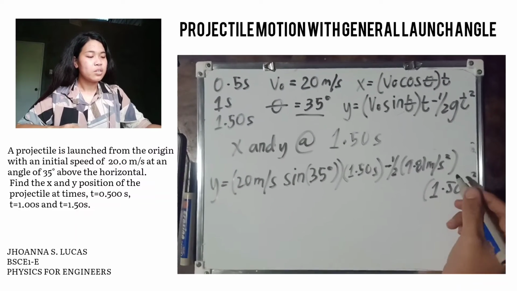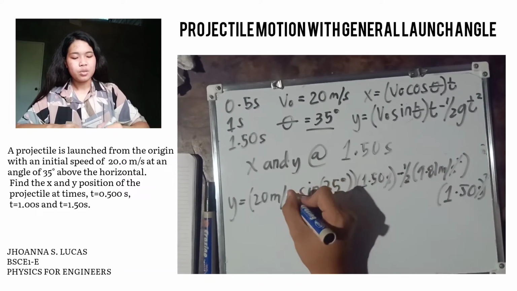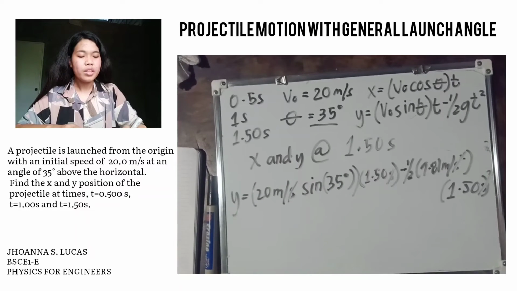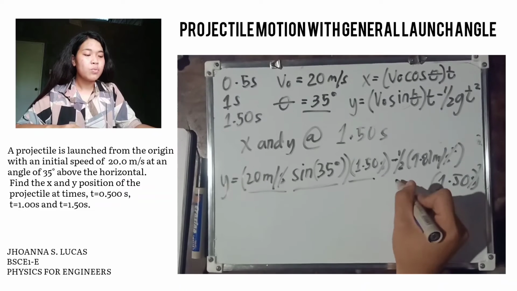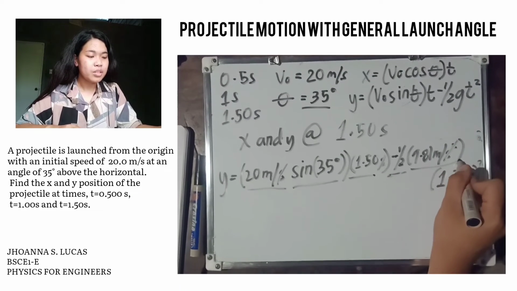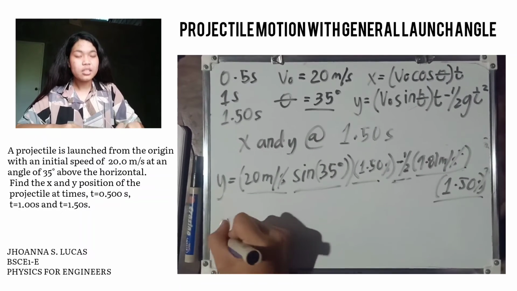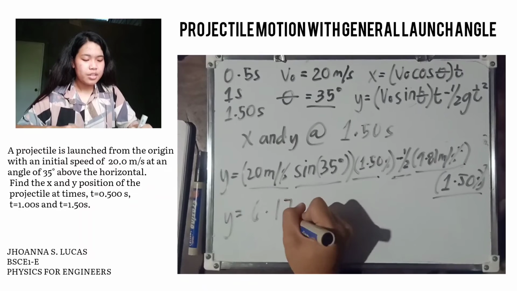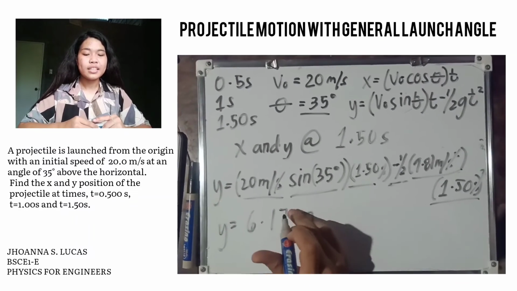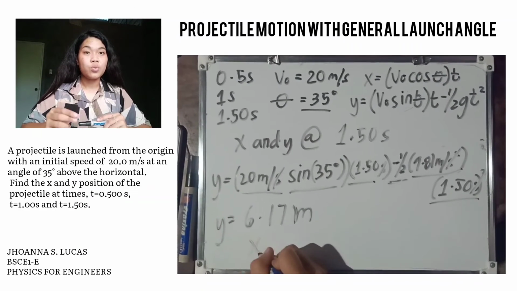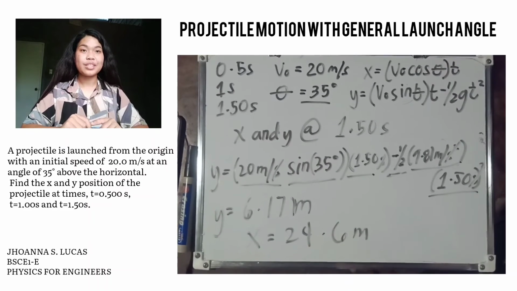So, let's cancel again the seconds here and here. So, 20 meters times sine 35 degrees times 1.50 minus 1/2 times 9.81 meters times 1.50 squared is equal to 6.17 meters. So, our x and y at 1.50 seconds is, for x, 24.6 meters and for y, 6.17 meters.